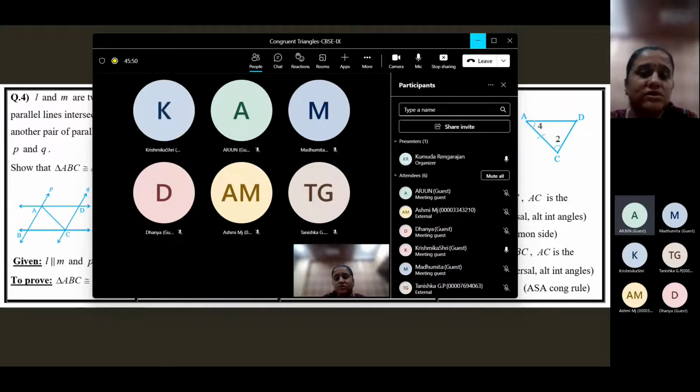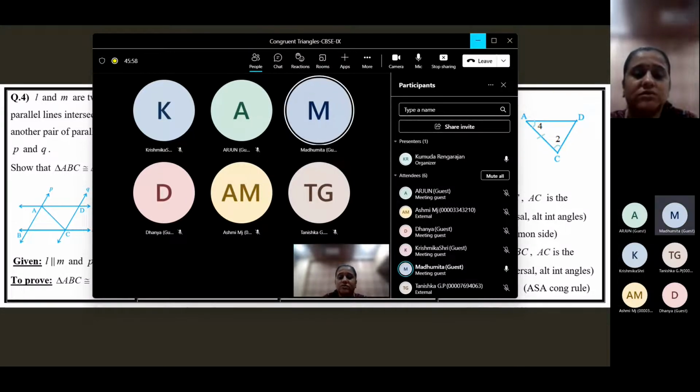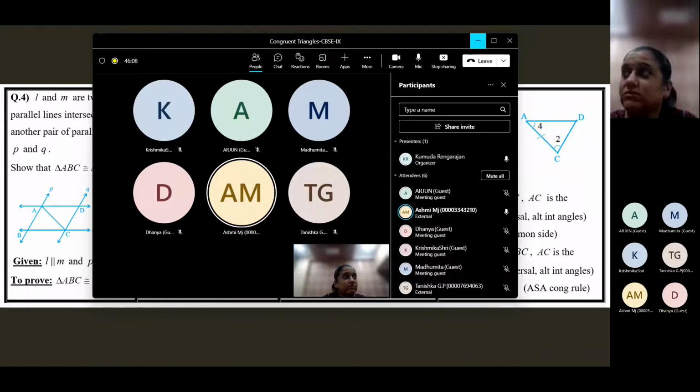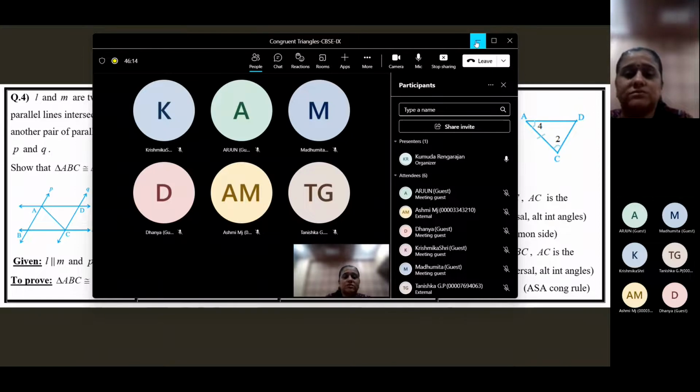For your school, from 2nd to 5th. Okay. What about Srijana and Arjun? 1st to 6th. Okay. But tomorrow you have school.